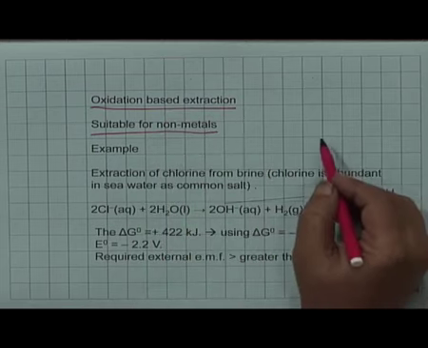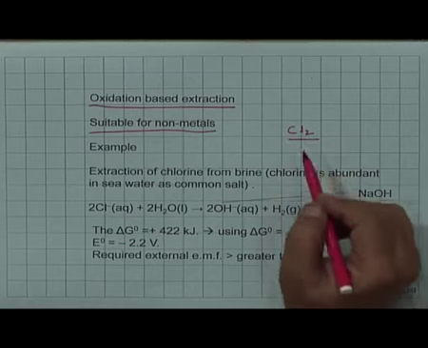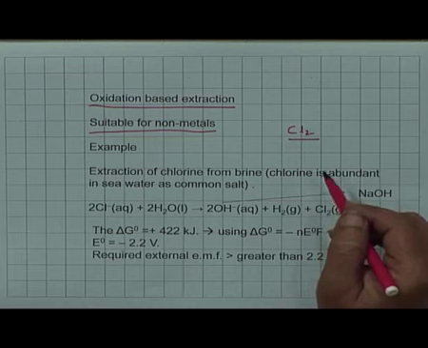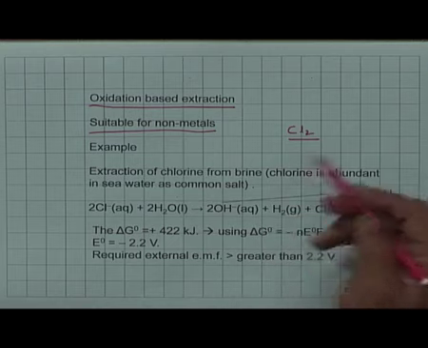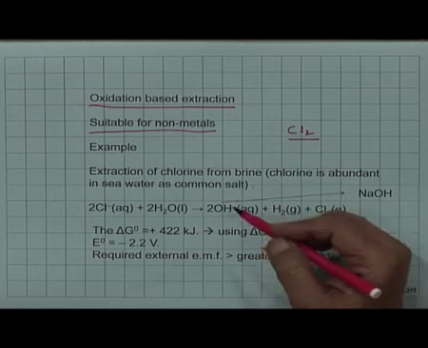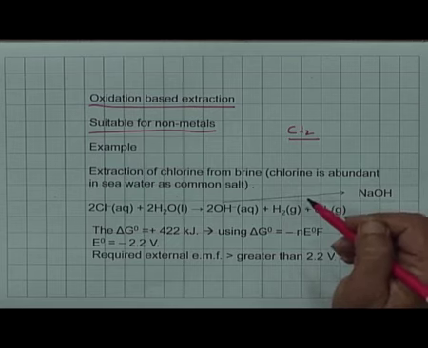Now, chlorine is very widely used to disinfect drinking water. In all water supplies from the municipality, chlorine is used as an agent to disinfect the water. So, water is chlorinated, and chlorine is required in very large amounts.